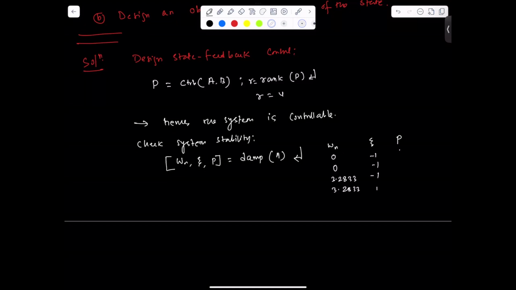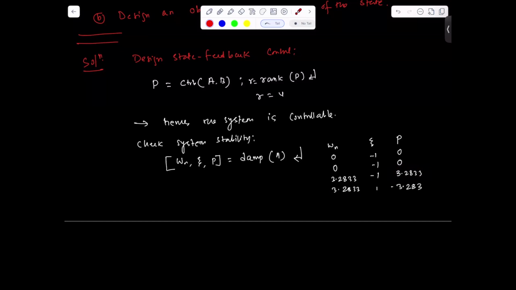And the poles we have are 0, 0, 3.2833, and minus 3.2833. If you notice, in the pole locations, one of the poles lies in the right half. So it is quite obvious the system is not stable, right?